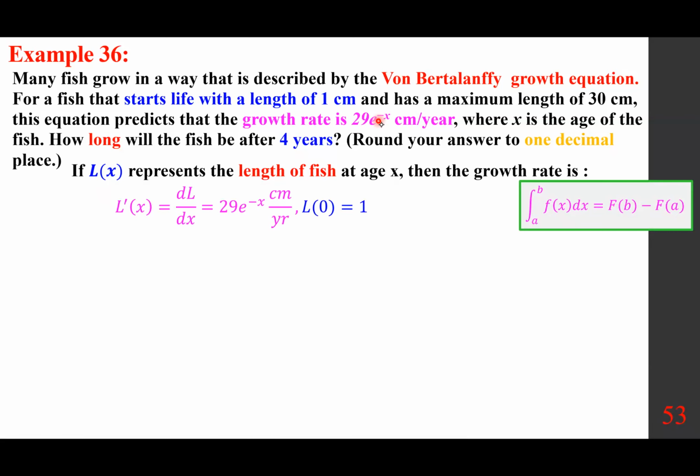L of 0 is 1. So according to the accumulated change theorem, the amount of increase requires the integral of this piece, of course, times dx, for 4 years, from 0 to 4.